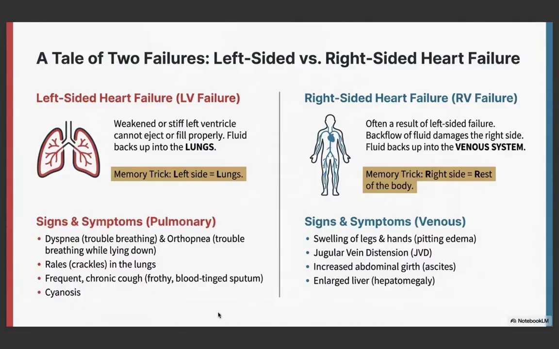Remember, pitting edema, a +1 is going to be 2 mm, +2 is 4 mm, +3, 6 mm, +4, 8 mm. You're also going to see jugular vein distension, so that bulging neck vein, because of that pressure on the vasculature. Also, we're going to see ascites, so really all of the third spacing at this point.